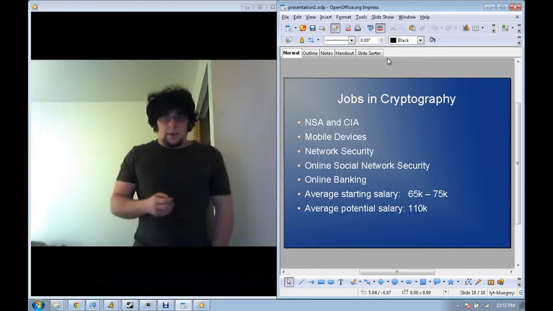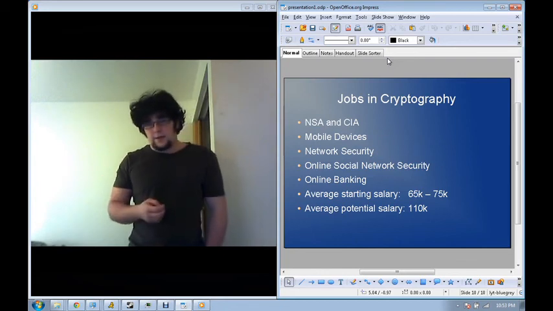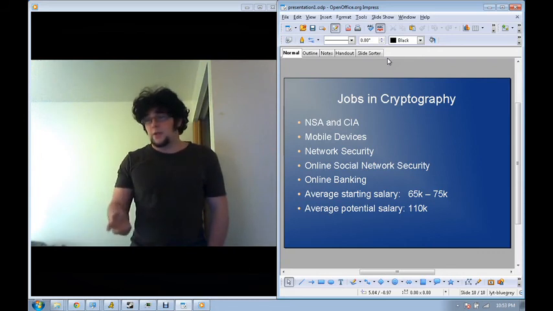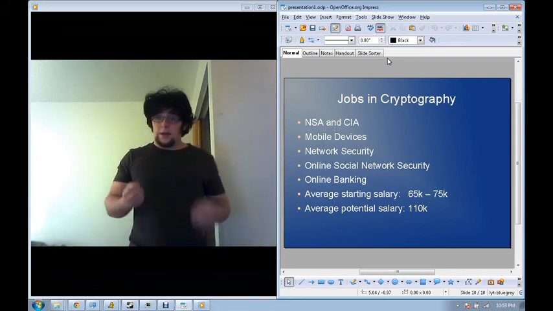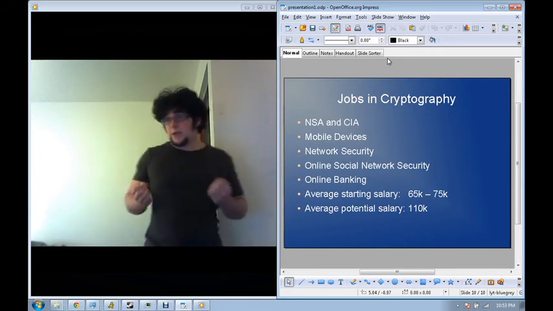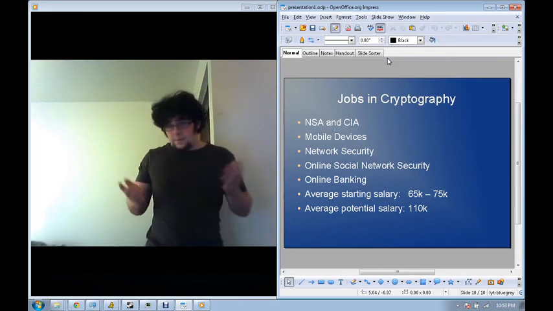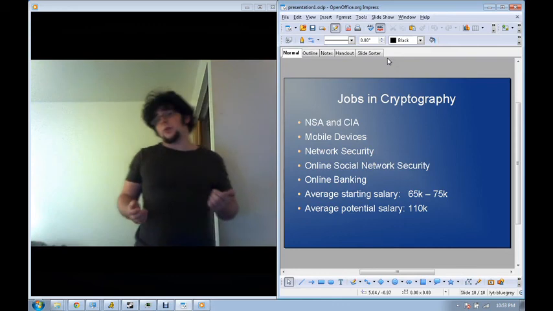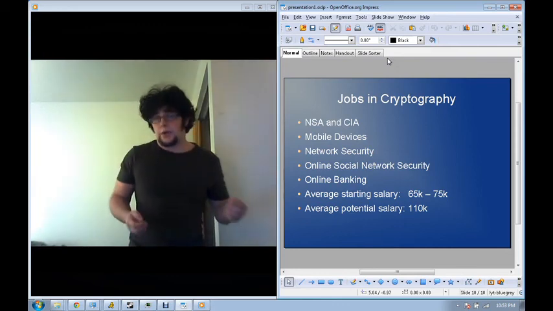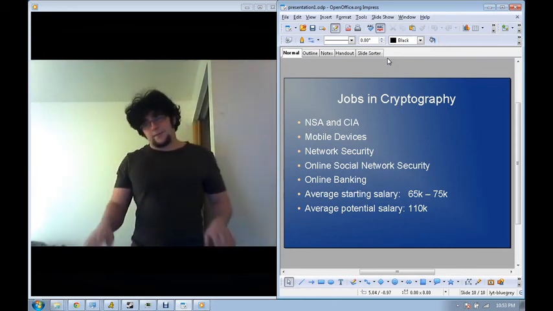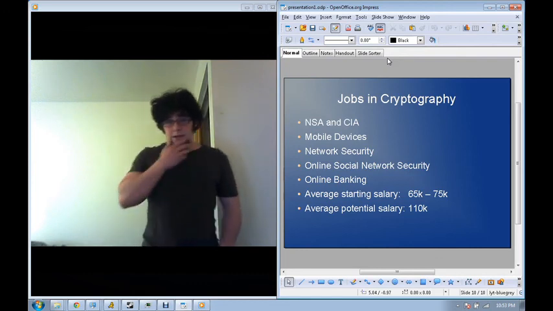So really any facet that requires security or privacy or the sending of private information needs cryptography and engineers capable of working with it to some degree. So mobile devices, network security, online social network security, online banking, the list goes on. I'm sure that you can imagine.